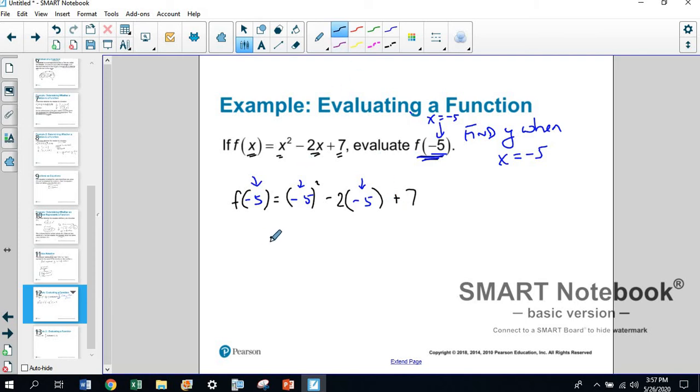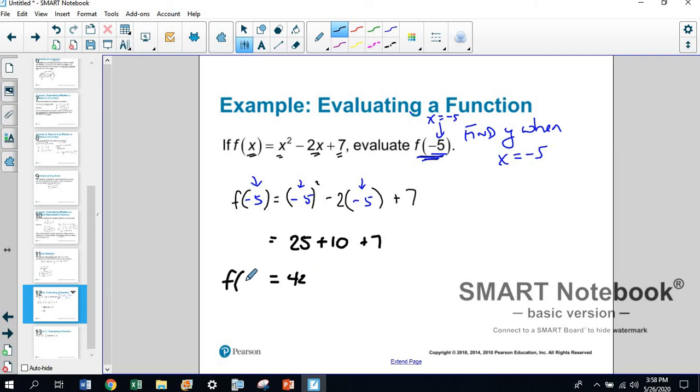And then you do arithmetic, and you've got to be careful when you do this. Negative 5 all squared is positive 25. Negative 5 times negative 5. Negative 2 times negative 5 is positive 10. And then plus a 7, and 25 plus 10 is 35, plus 7 is 42.